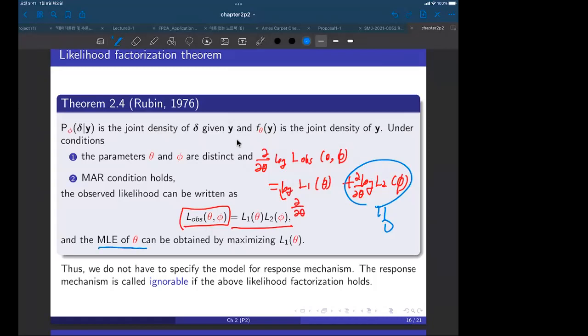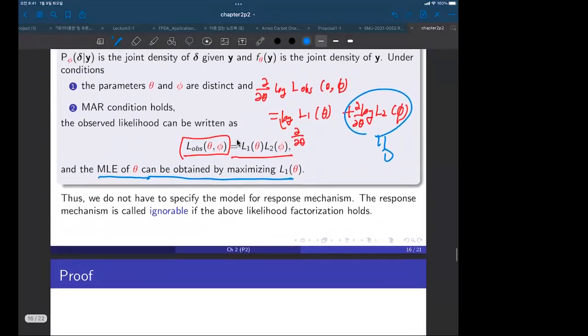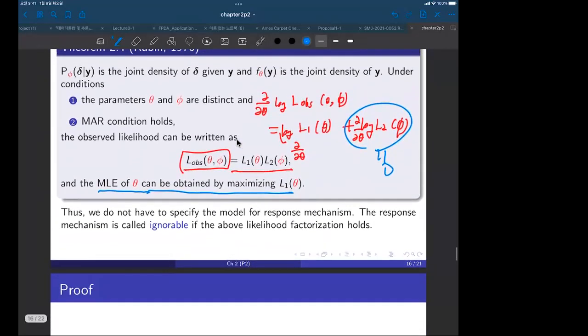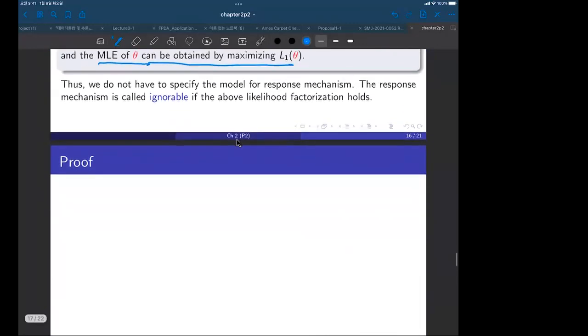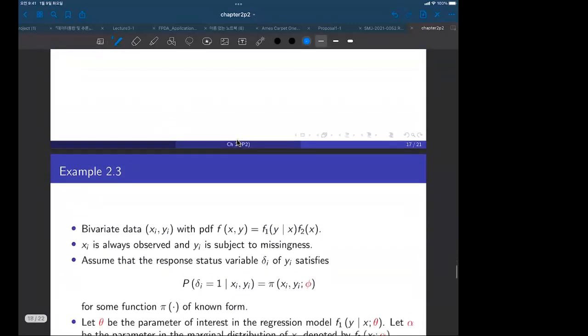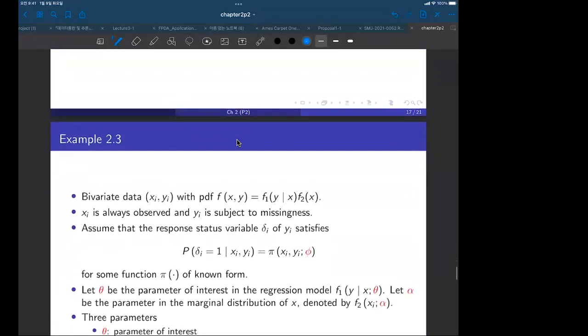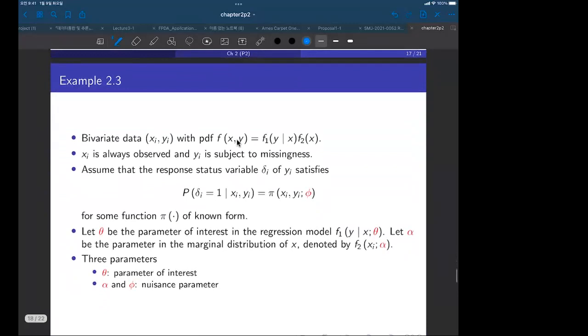So the MLE of theta can be obtained by maximizing L1 of theta. The proof itself is not so easy, so let me briefly use this example to explain the meaning and then go back to the proof, okay?